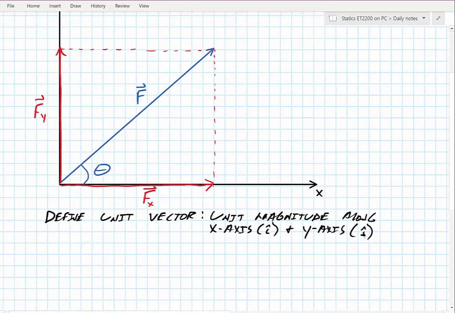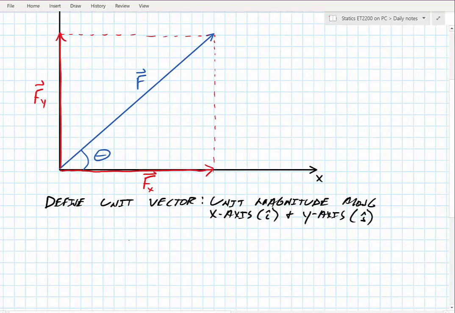And if we have this unit vector, meaning a magnitude of 1, and it has a direction, either being along the x or y, now we can define our vectors as the vector f_x with the magnitude of the force in the x direction times i hat.